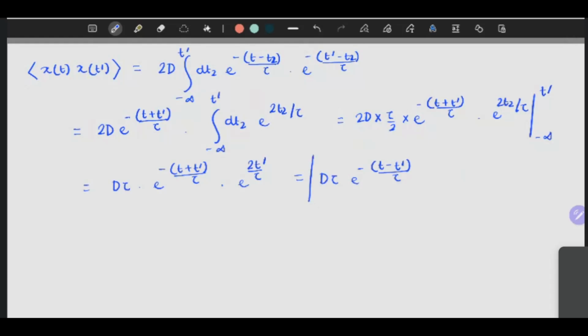So for t greater than t prime, this is the result.